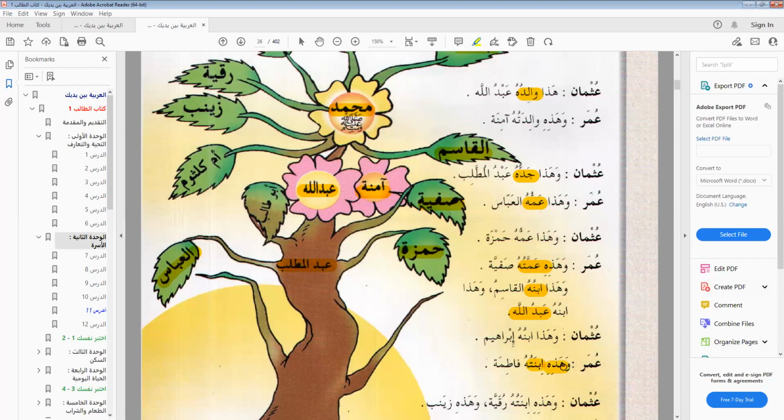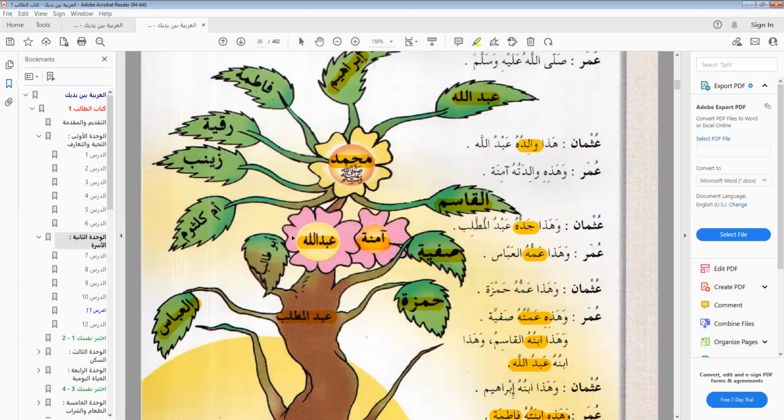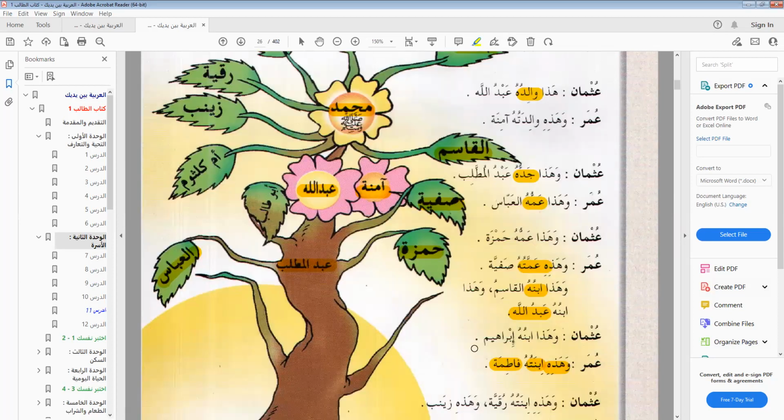So Hadhihi always will be used for a female, like we mentioned. Hadha always for a man, Hadhihi for a female, or a lady. Hadhihi ibnatu Fatima. So this is Fatima. And where's Fatima on the tree? This is Fatima. Then he says, Wahadhihi ibnatuhu Ruqayya.